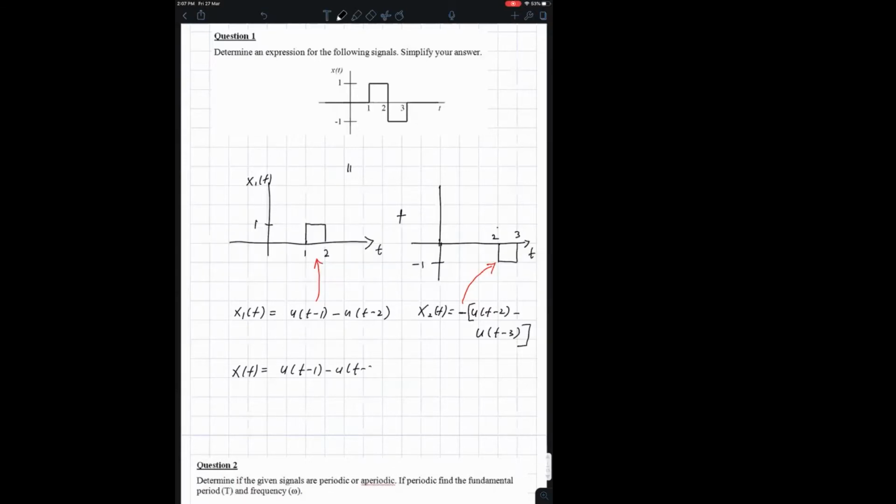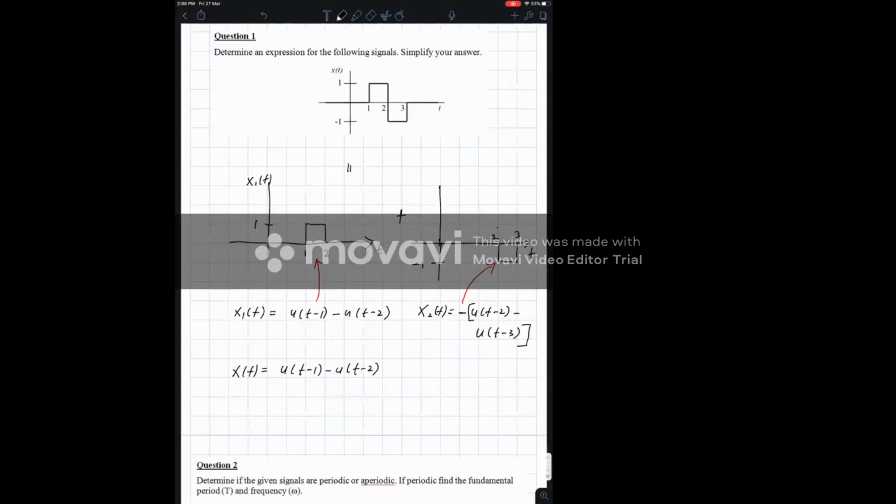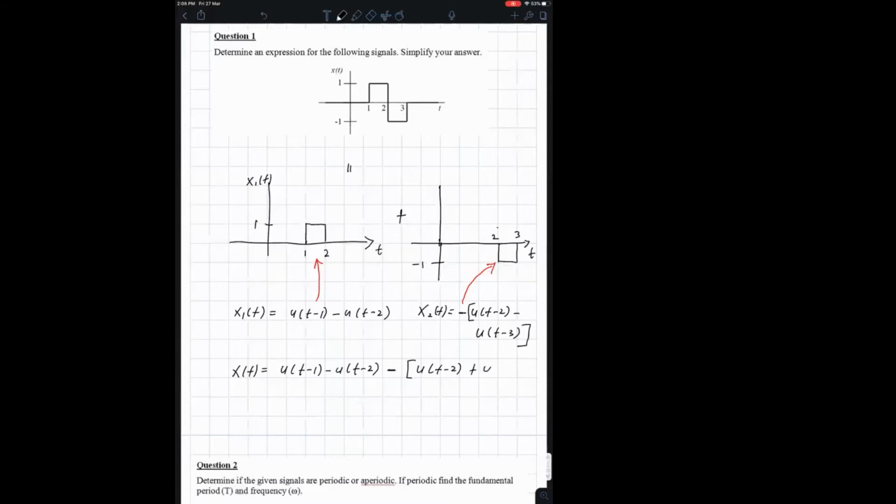The other signal has a negative sign, so add the negative part of it: minus u(t-2) plus u(t-3). Then you open up the parentheses and add them up.